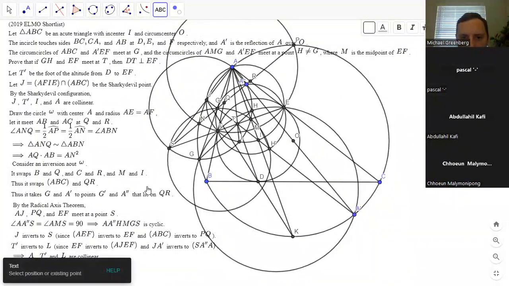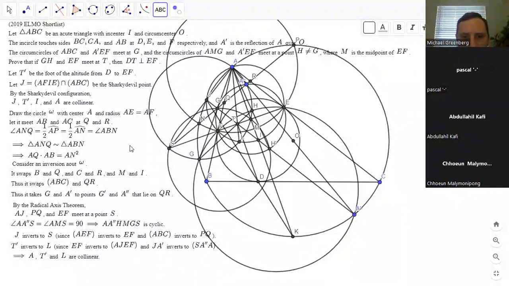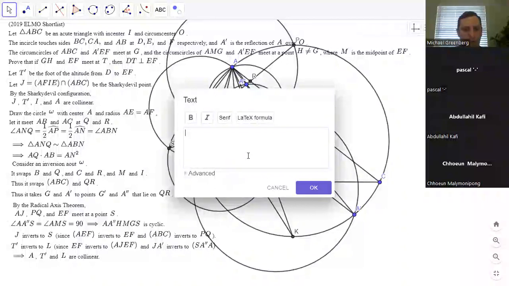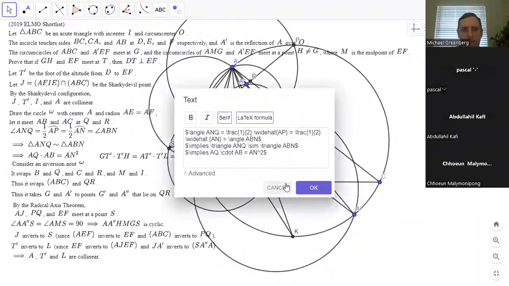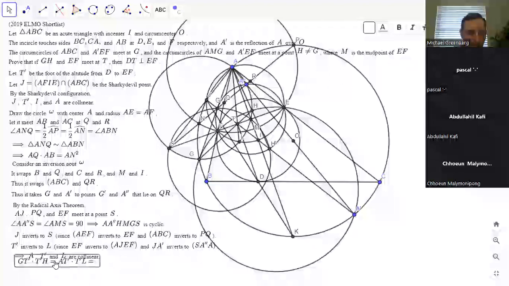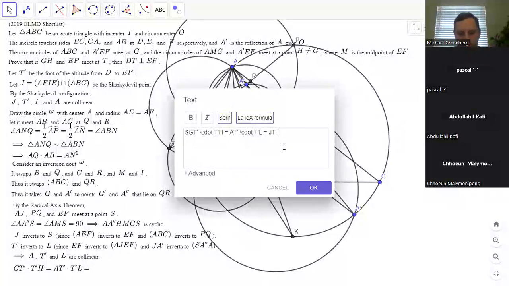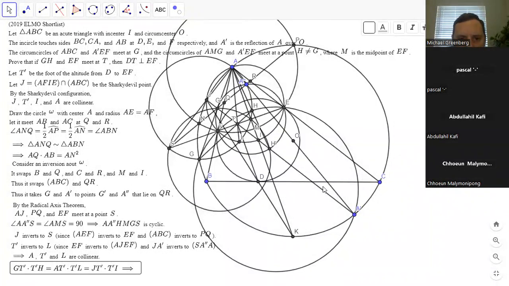So G T prime times T prime H is equal to A T prime times T prime L, and that is equal to J T prime times T prime I. And that means that GJHI is cyclic.